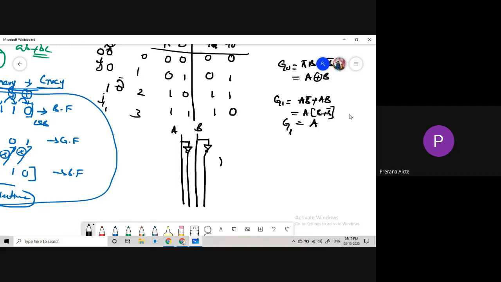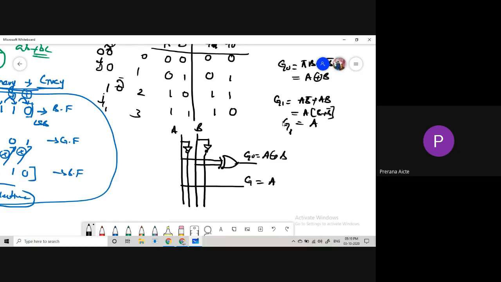Yes, sir. So if I take one XOR gate like this, the inputs of this XOR gate are A, B. Then what about G1, Nana? Directly we are taking A, so G1 is equal to A. So this is nothing but a 2-bit binary to gray code converter.